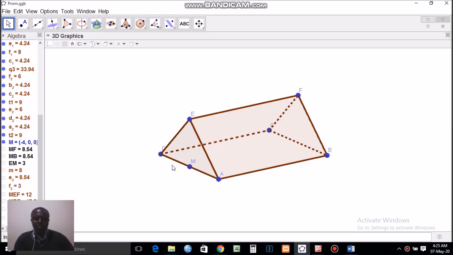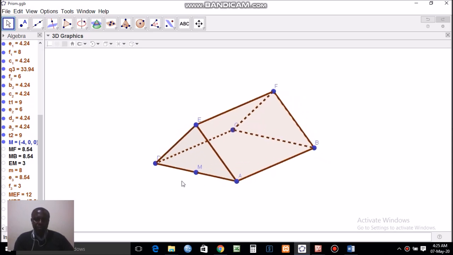So the first step is to identify the two lines. Next is to identify where they meet. So where does line ED and AD intersect? The two lines ED and AD intersect at D. So next is to look at the plane figure on which the two lines lie.